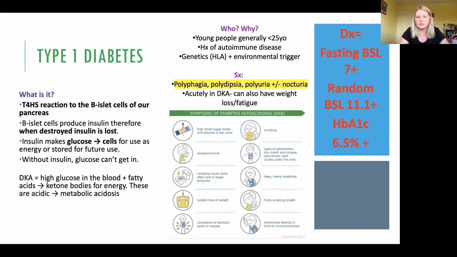So we've got an accumulation of glucose in the blood without it being in the cells. And so the liver continues to pump out more sugar, and we continue to do this in an attempt to use up that energy. But instead it gets to a point where we start using fatty acids for energy, which form ketone bodies. And they are obviously acidic in nature, leading to DKA and metabolic acidosis associated with that.